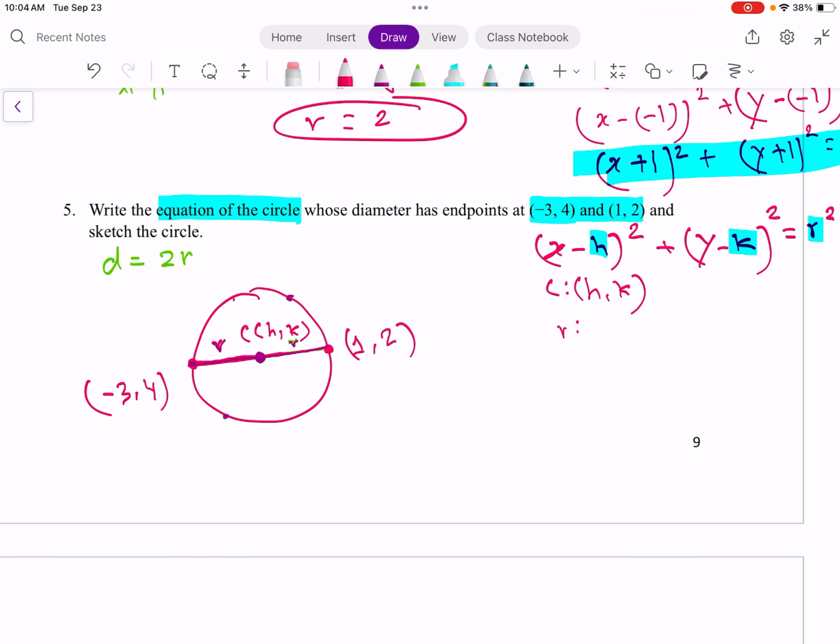So our center is (h, k), and this (h, k) is the midpoint. How do we find the midpoint? The midpoint is the average of the x coordinates, so you add the x coordinates, -3 plus 1, and divide by 2, and the average of the y coordinates, 4 plus 2 divided by 2.